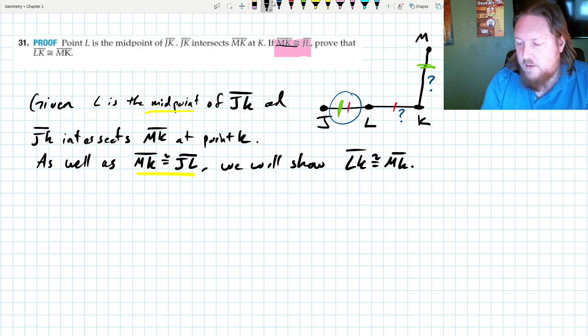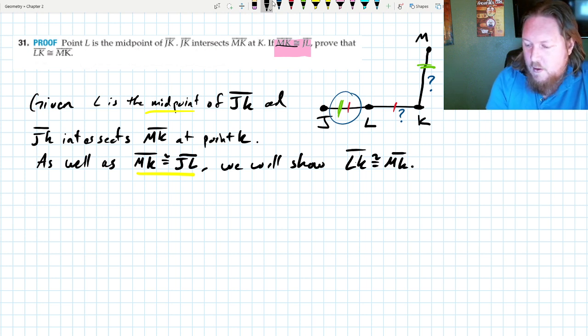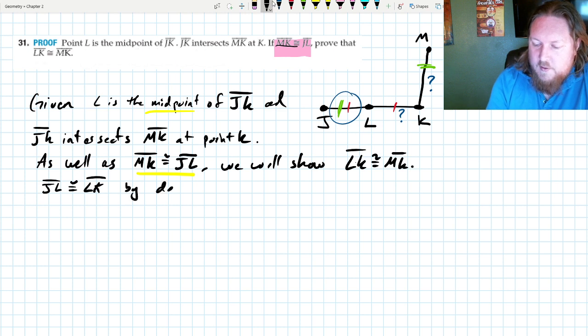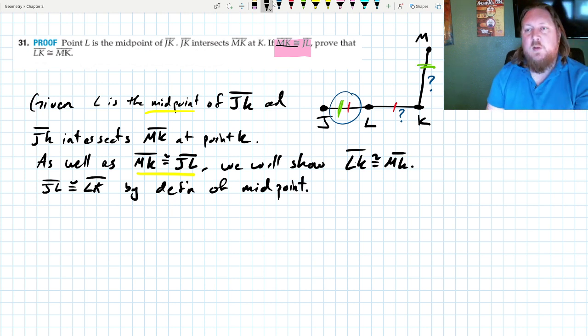Well, we know that JL is congruent to LK, by definition of midpoint. So now those are the red tick marks I'm taking care of.